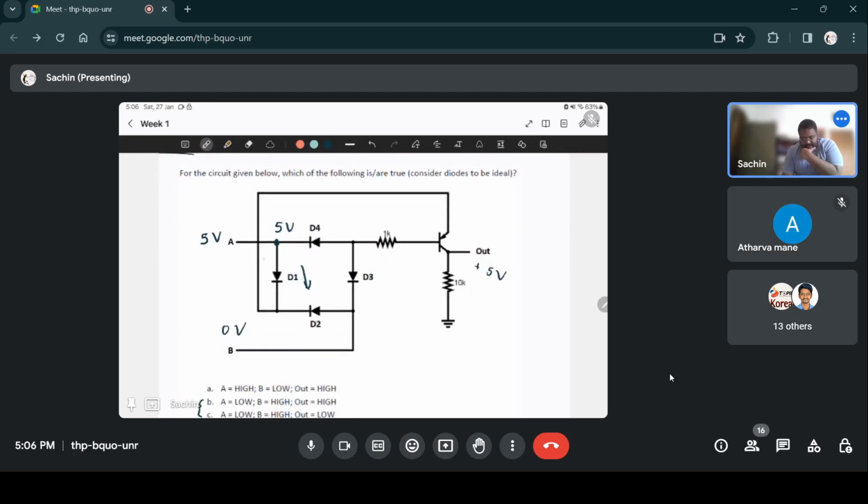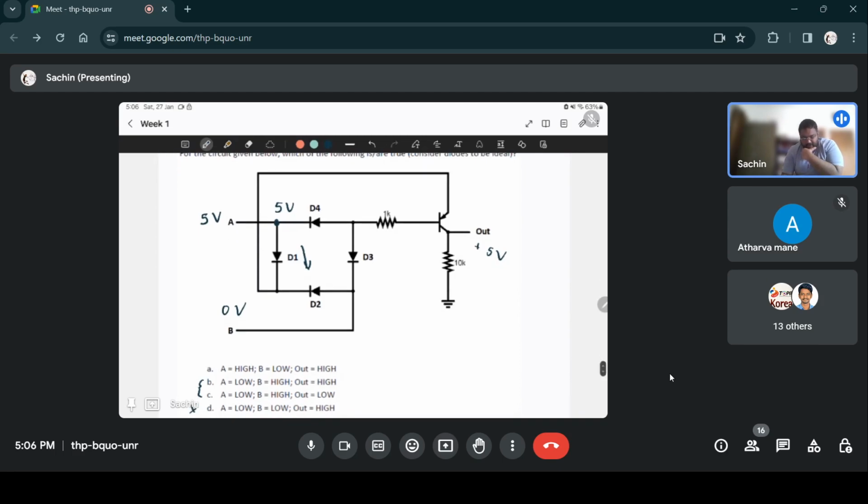So for an ideal diode, if it's forward bias, it's just a wire with no resistance. If it's reverse bias, it's just an open circuit with infinite resistance. So since D1 is forward bias, it's just like a wire that is connected here, and all this 5 volts will appear at this emitter terminal.